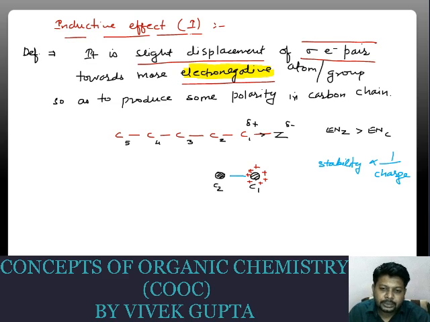Now C1 is having a partial positive charge, so the electron pair between the C1-C2 bond will shift slightly towards C1 carbon. Even though both atoms are identical, both being carbon, due to the development of partial positive charge on C1, it wants to pull some electron density towards itself.